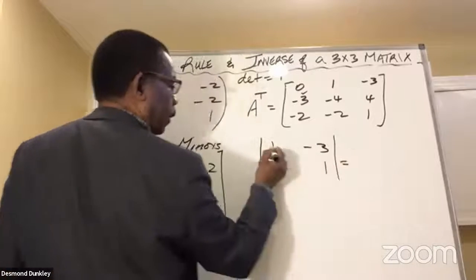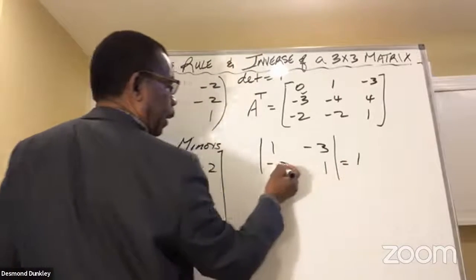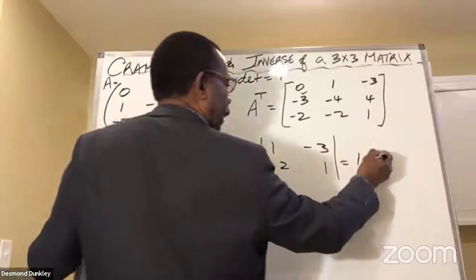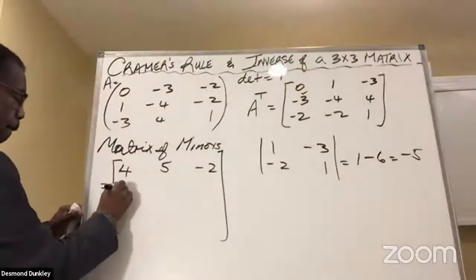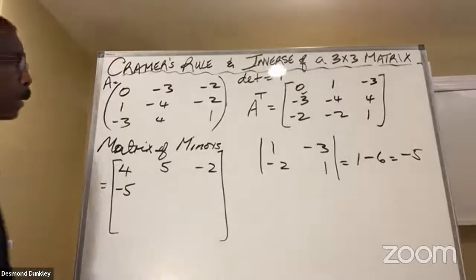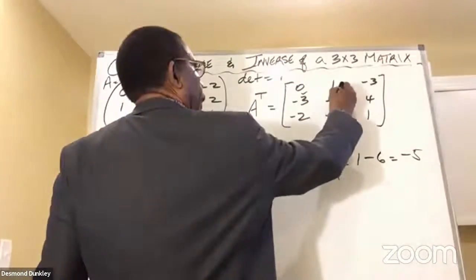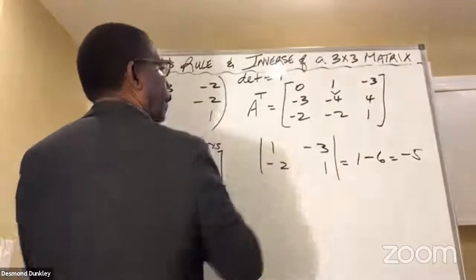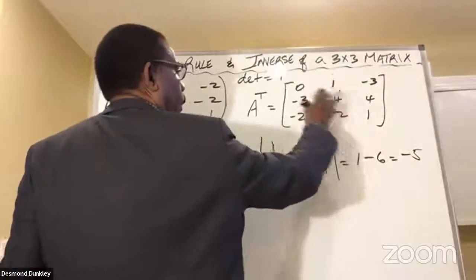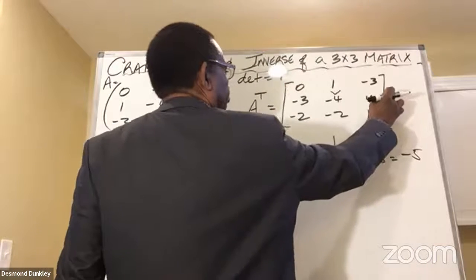What does that give us? 1 times 1 is 1, and 2 times 3 is 6, so it's 1 minus 6, which gives me negative 5. Let's go to the next one. We cross out this row, cross out this column.